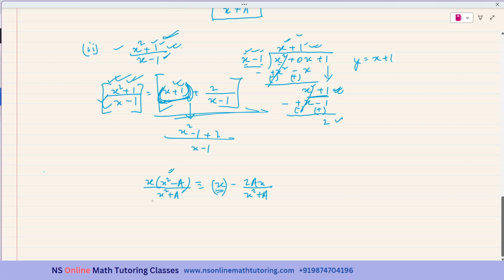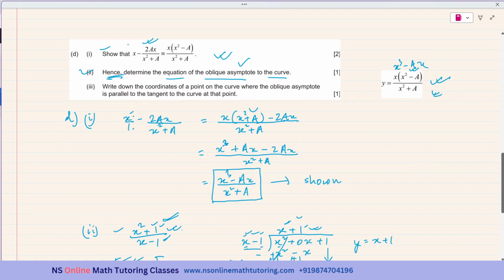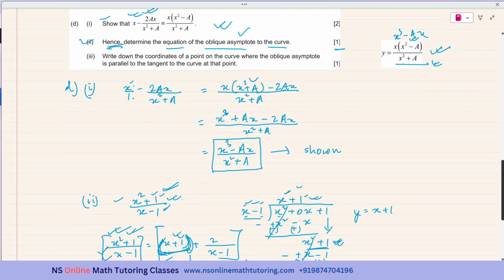Hence, you have to use this, and this is carrying just a single mark. So there's no point in doing the long division. If you start from here and you divide x cube minus ax by x squared plus a, you will be coming to this form. But you do not need to do this long division.